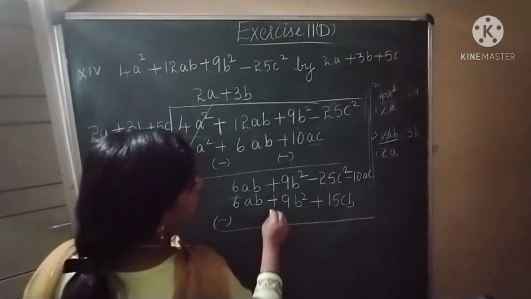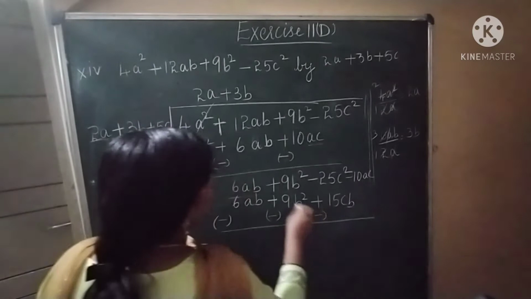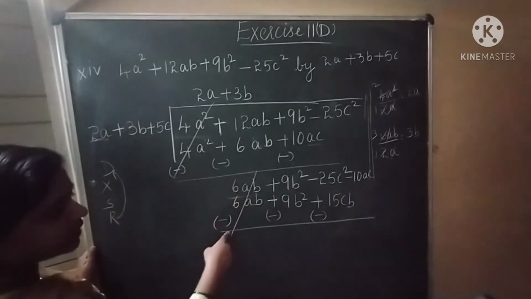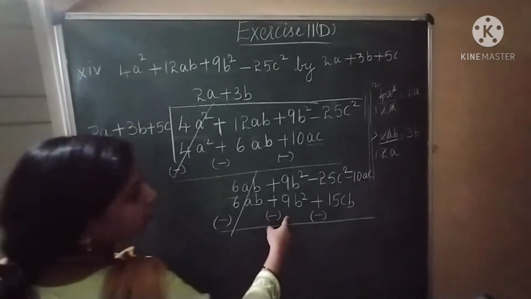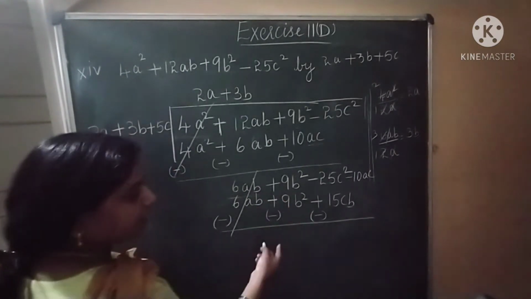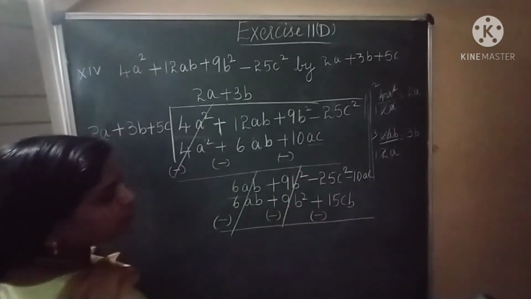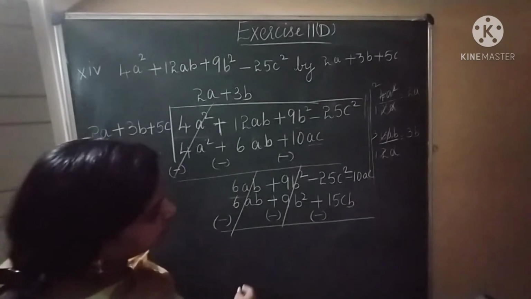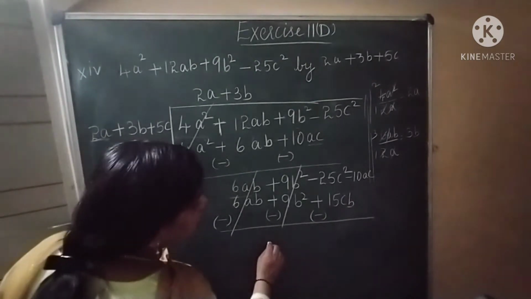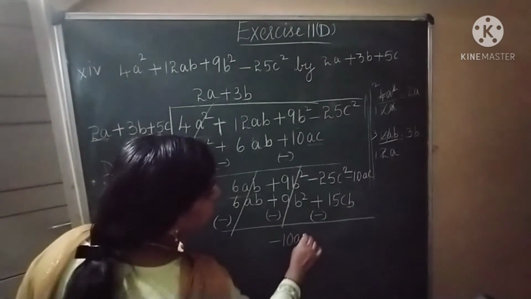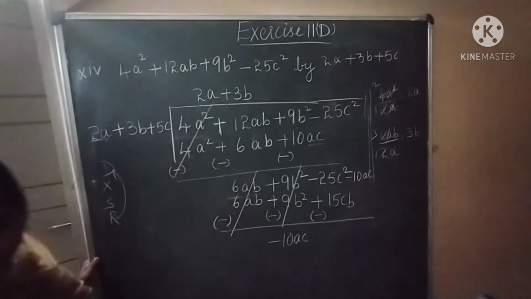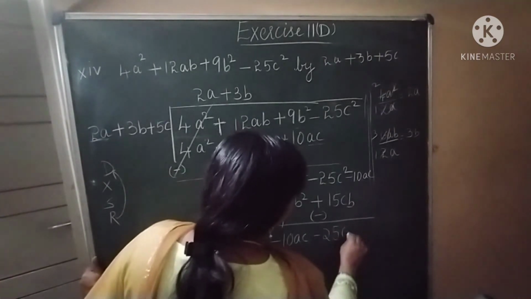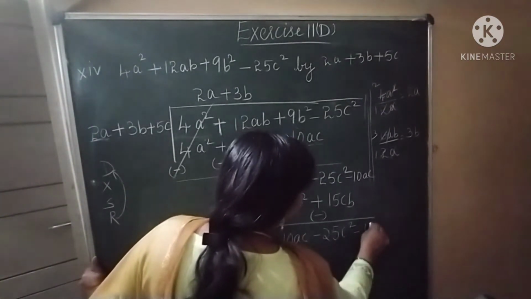Plus make it minus, plus make it minus. And you see the first term will get cancelled. Plus and minus will get cancelled, 6ab same terms. And here also plus and minus will get cancelled because same terms. What you will remain with are the remaining terms. I will write this term first, minus 10ac, then minus 25c square, then minus 15cb.